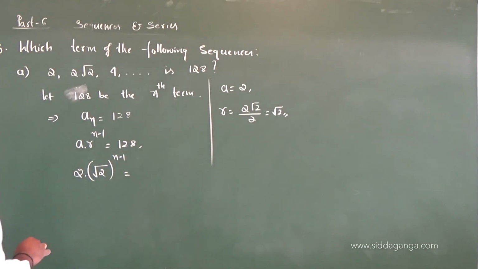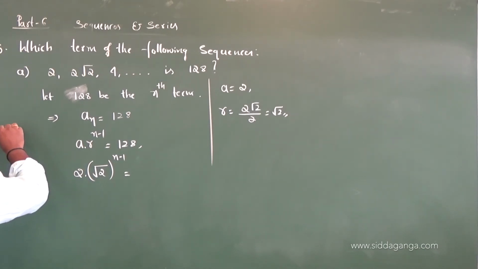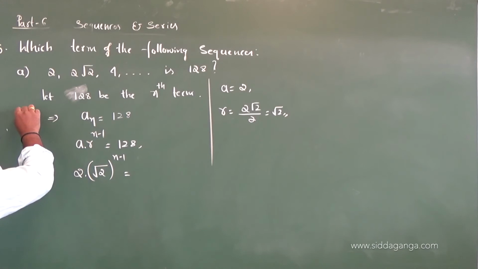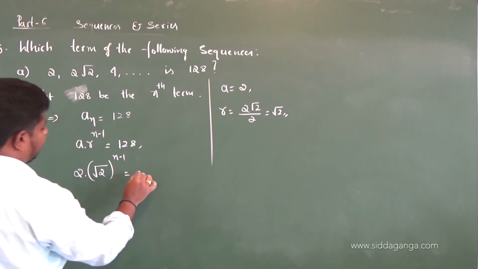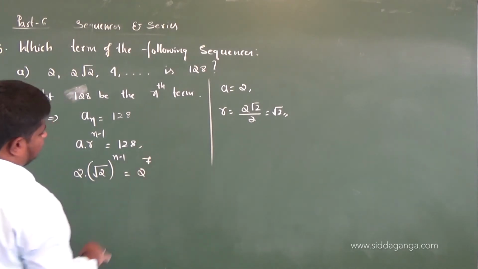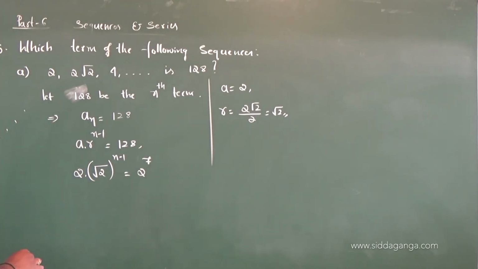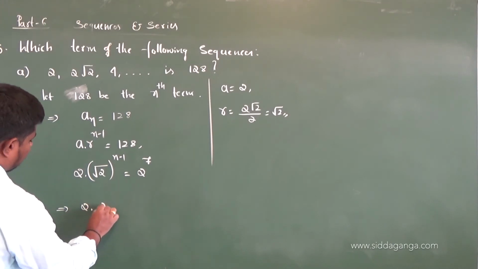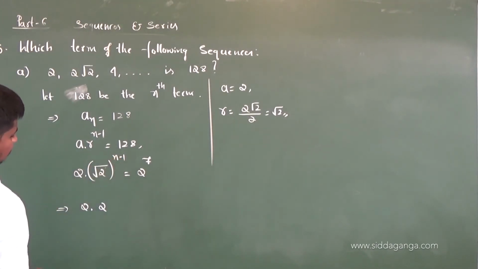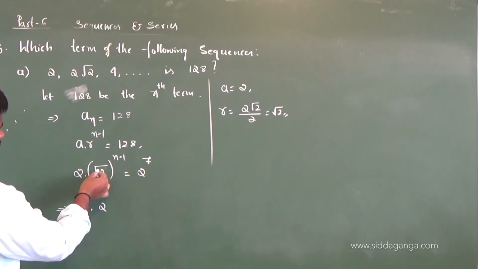So 128 is what? 2 to the 4, 4 to the 8, 16, 32, 64, yes, 128. So 128 is 2 power of 7 actually. Now I am going to rewrite this as 2 into 2 power of 1 by 2 whole power of n minus 1, since root 2 is nothing but 2 power of 1 by 2.